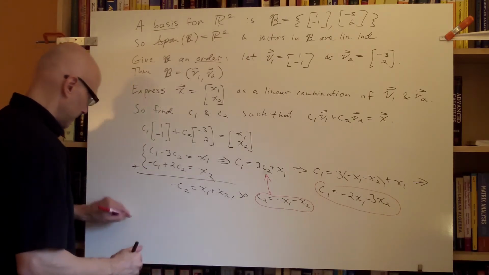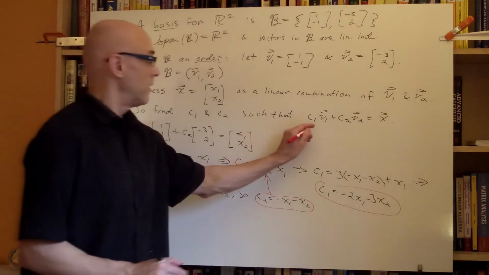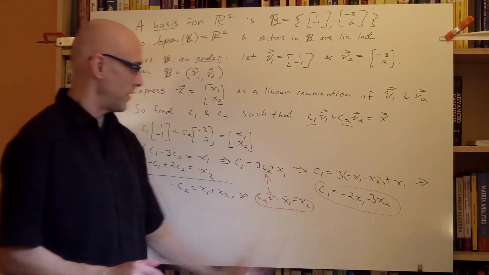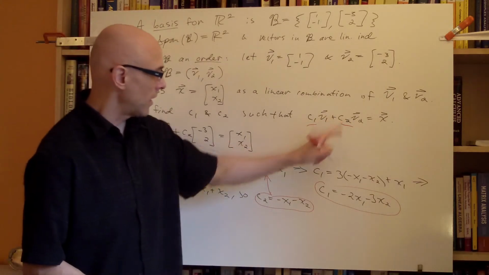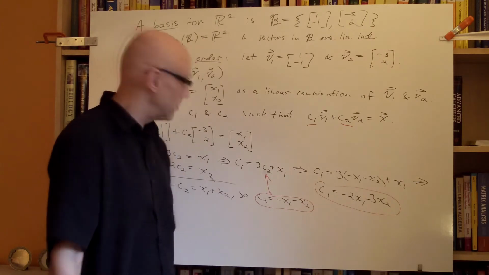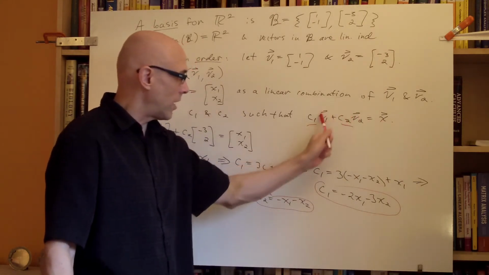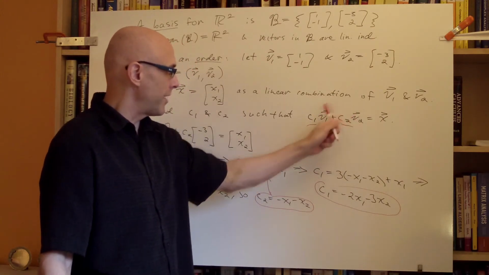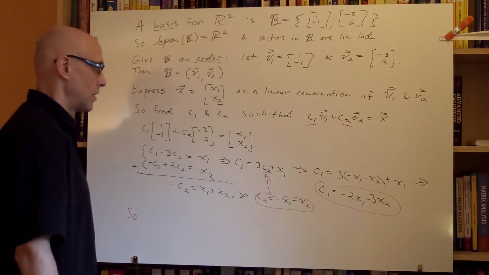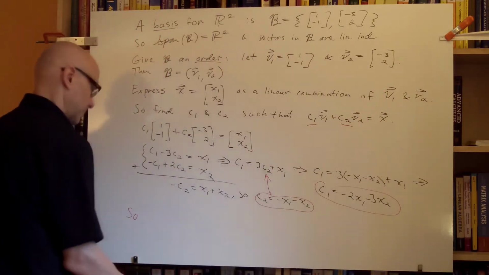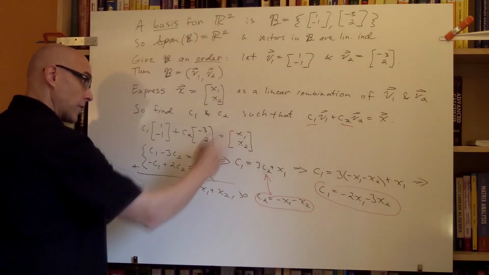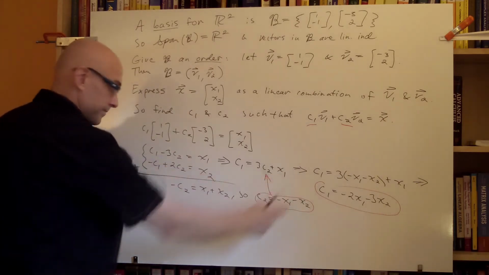So then, our C1 given by this and our C2 given by this are the scalars, the coefficients of V1 and V2 that we need in order to get this linear combination of V1 and V2 to equal the vector x. So I'll put that together here.